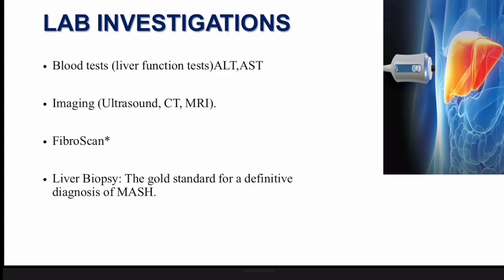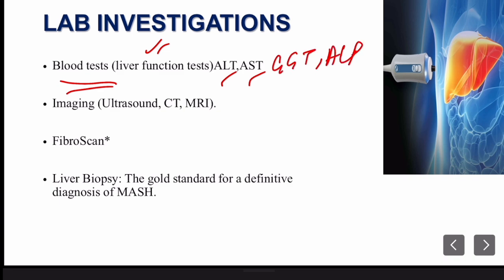So after the clinical picture, let's move on to the lab investigations. Lab investigations are very important. Blood tests can be done, liver function tests; here the enzymes ALT, AST, GGT, ALP will be raised. And in advanced liver disease, they can even be normal when the liver loses its functional capacity.